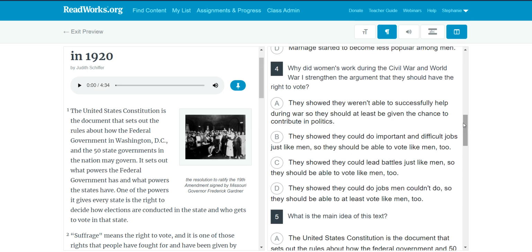Let's look at number 4. Why did women's work during the Civil War and World War I strengthen the argument that they should have the right to vote? So, to answer this question, you need to look back in the text. You need to find out, what did women do during the Civil War? What did women do during World War I? Once you found out what they did, now you have to decide why that was proof that they should be able to vote.